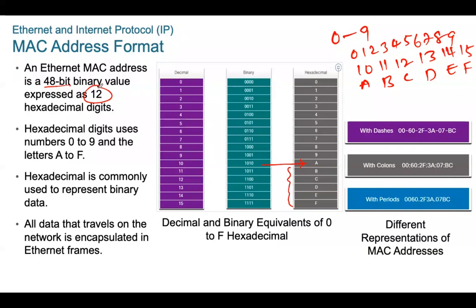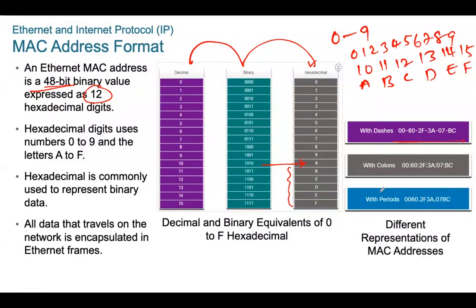So every 4 binary bits are converted into one hexadecimal digit. So to represent 48 bits in hexa, it takes only 12 digits, because 12 into 4 is 48. So every 4 bits represent one hexadecimal digit. So that is the translation. You can see decimal to binary, binary to hexa. So if you have a 48-bit binary value, that can be represented with 12 hexadecimal digits.